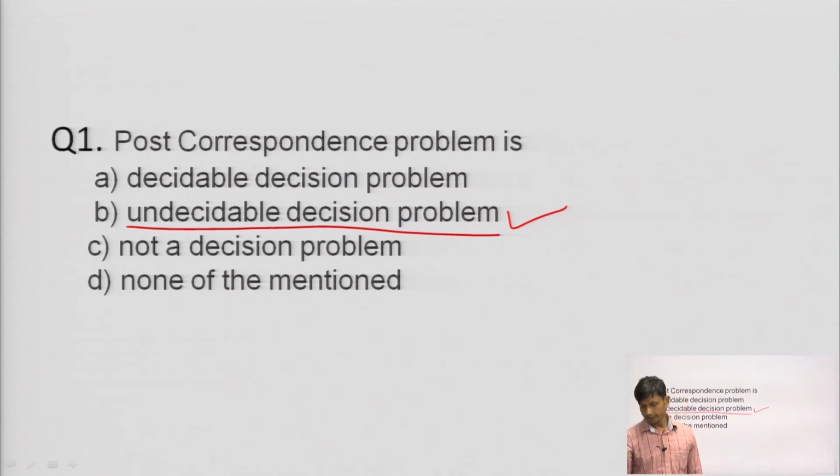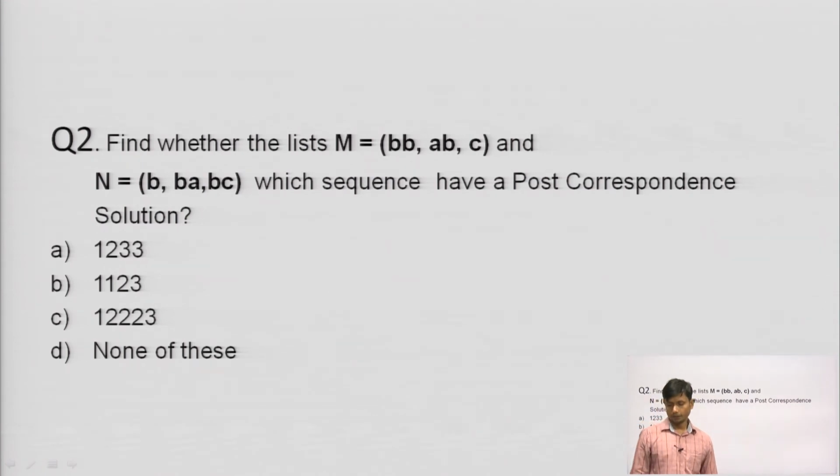Now, another question: find which sequence of the lists M and N has a Post correspondence solution. I think this is a very easy question. You can check it by hit and trial, one by one.